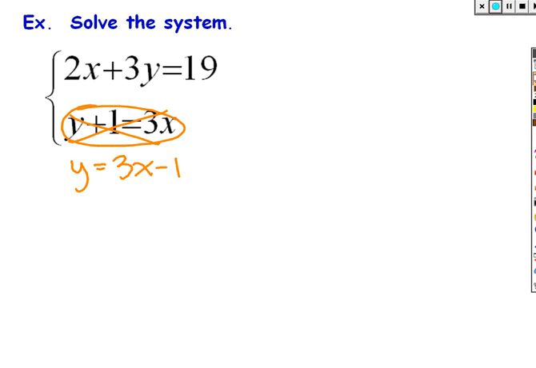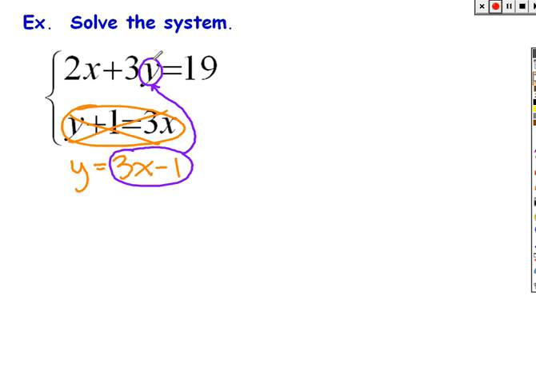Now, I'm going to take that 3x minus 1, and that's equivalent to y. So if 3x minus 1 equals y, anytime I see y, I can substitute 3x minus 1 in for y. Really, this is almost like copying and pasting. I'm cutting out that y and replacing it with something it's equivalent to.